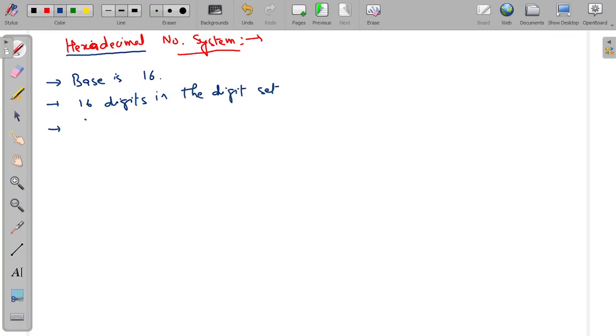What is the digit set? 0 1 2 3 4 up to 9, then 10 11 12 13 14 and 15 are the total 16 digits.